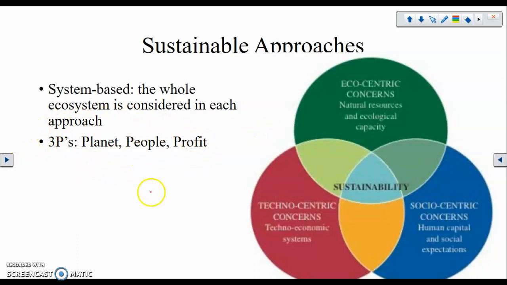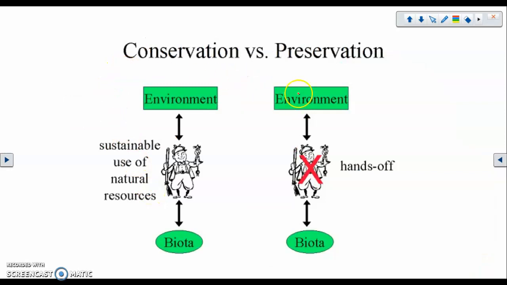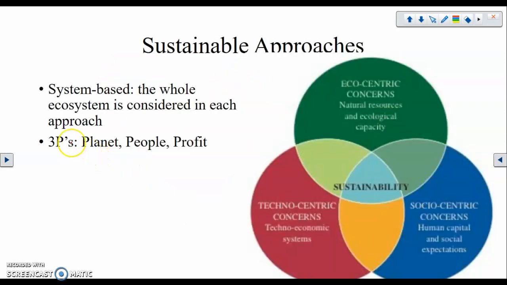Every time we see a problem in the environment, instead of talking about conservation versus preservation, we need to think about the 3 Ps. What is the effect on the planet? What is the effect on the people? What is the effect on profit? Because people in our society need to make money, right? So we cannot prohibit people from utilizing the resources from the planet that actually give them a livelihood, right?